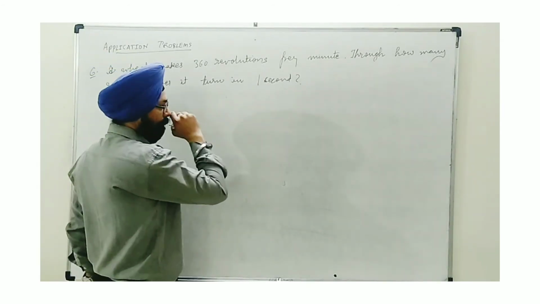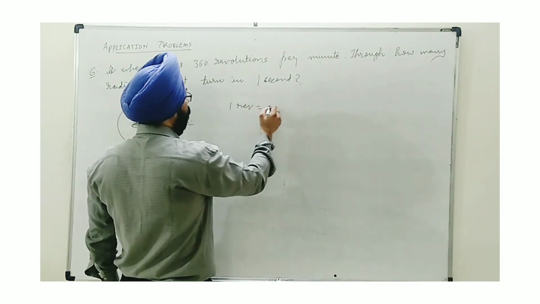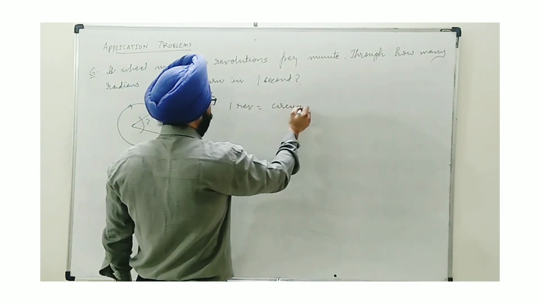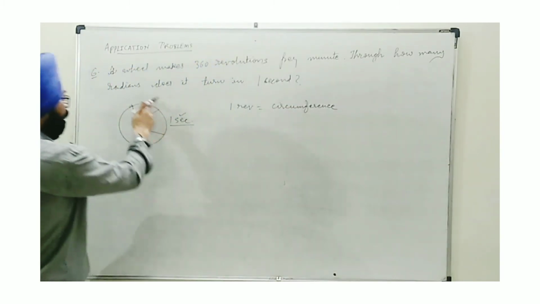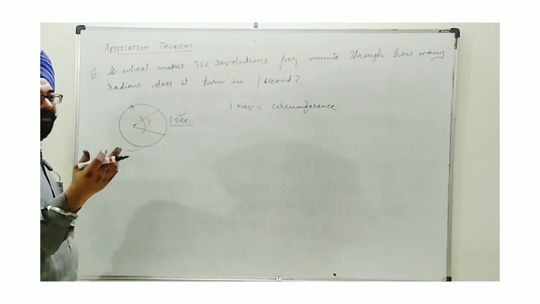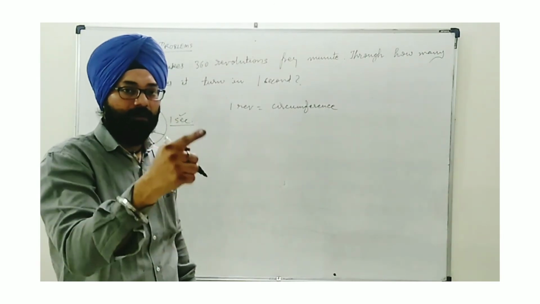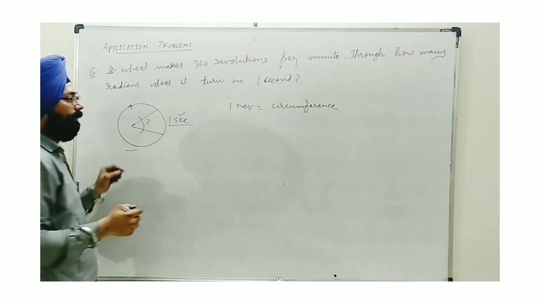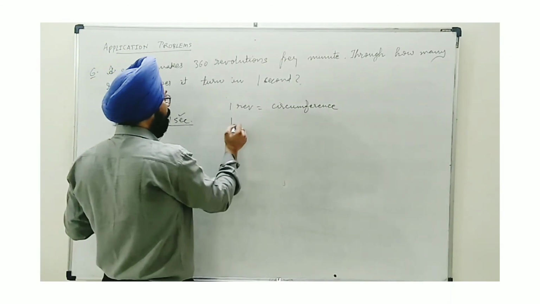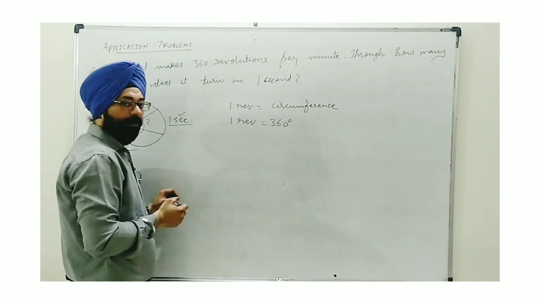As I was saying, 1 revolution is equal to circumference. Now when we complete 1 circumference, what is the angle subtended at the center? In 1 complete round, it is a complete revolution, so the angle at the center is 360 degree. Therefore we can write 1 revolution equal to 360 degree.